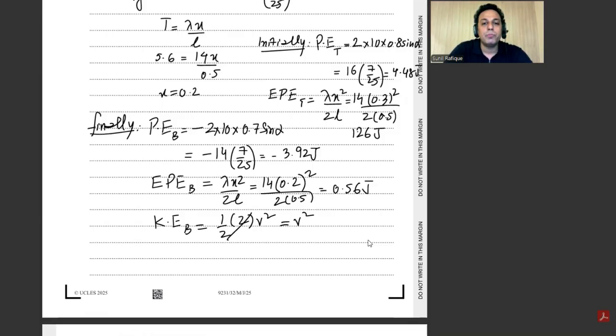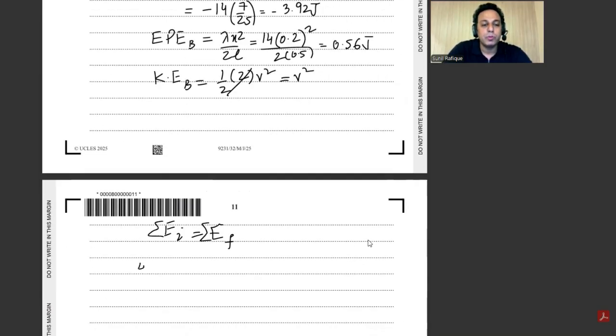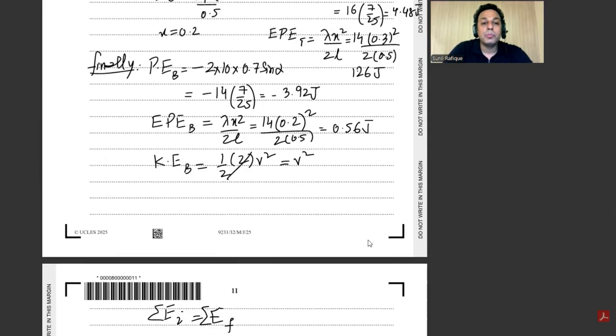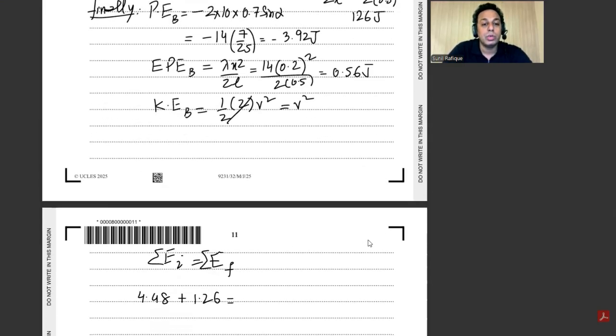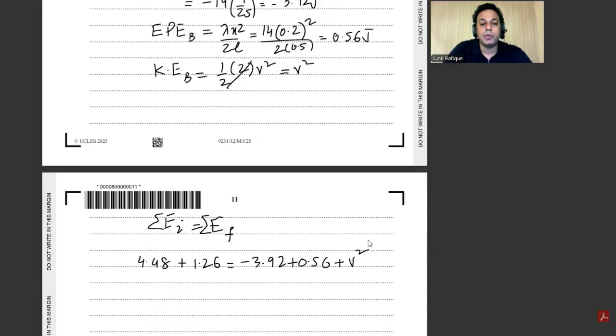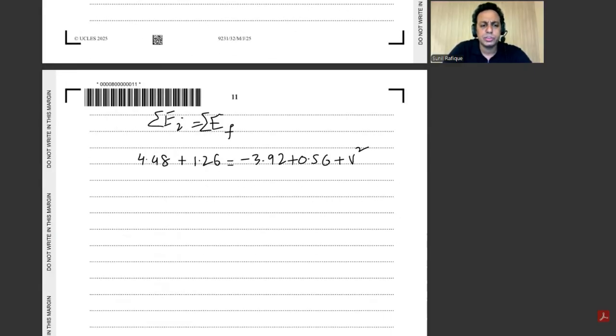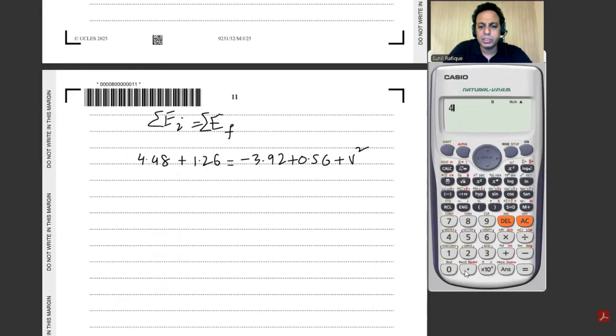Initially, that's going to be 4.48 joule plus 1.26, equal to negative 3.92 plus 0.56 plus v squared, right? Okay, so let's calculate. It's too many decimals, so we have to be careful while inserting them in the calculator.